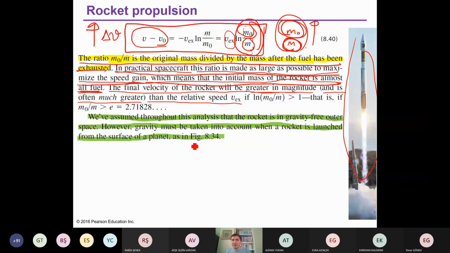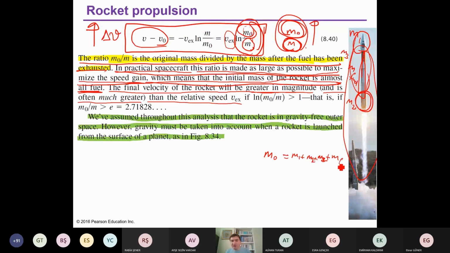So what I mean, actually, this payload has certain mass, and this engine has certain mass, okay? And this body has also certain mass. And here we have a fuel. Fuel has also certain mass. And this M0 is including all these masses, M1, M2 plus M3 plus M fuel, okay?